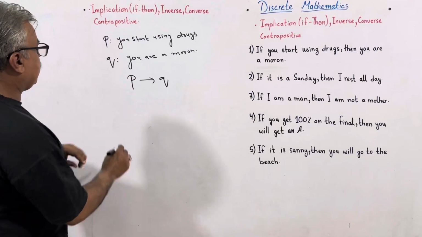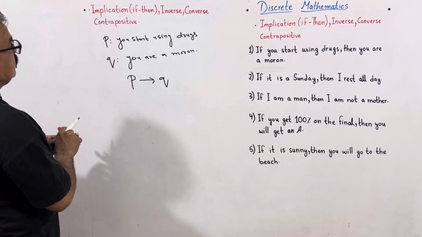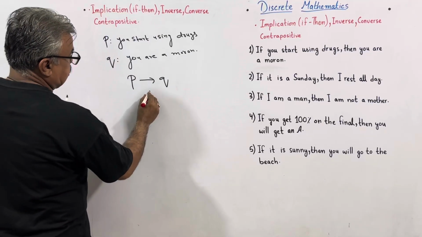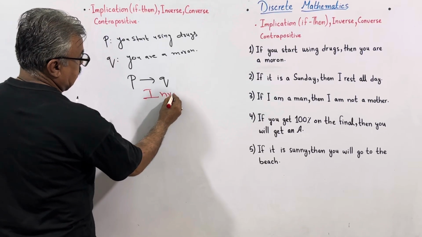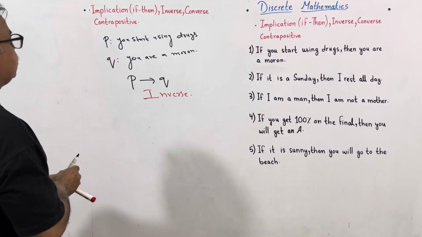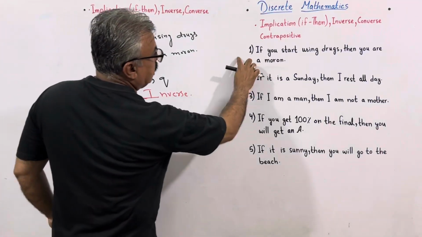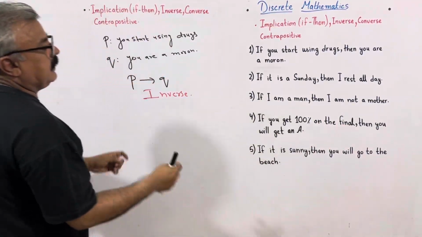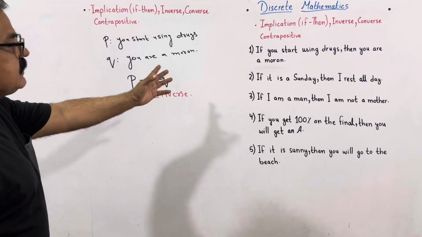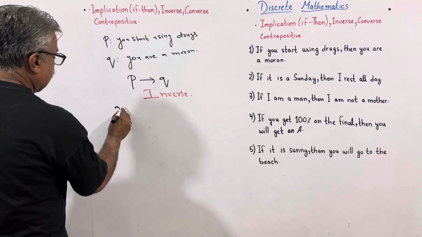Then, what do you mean by inverse? How to write the inverse of this one? For the inverse, we have to introduce the negative of both of these statements.